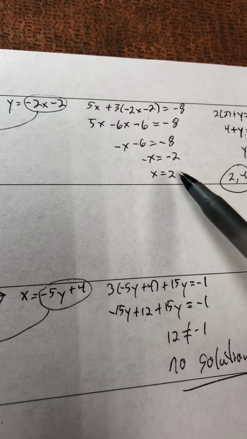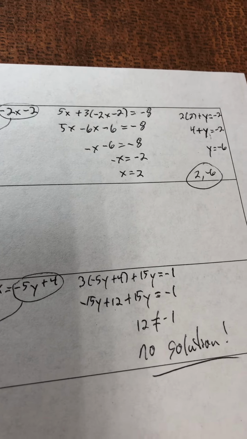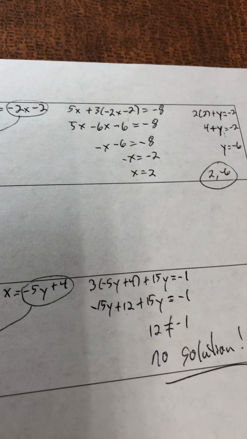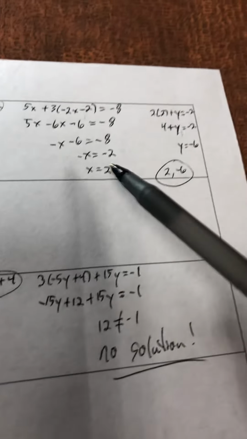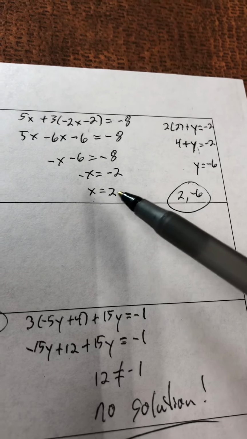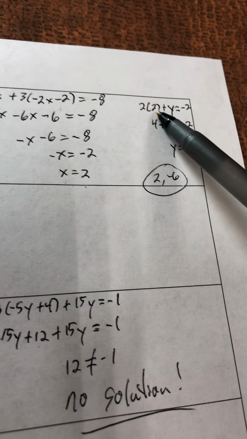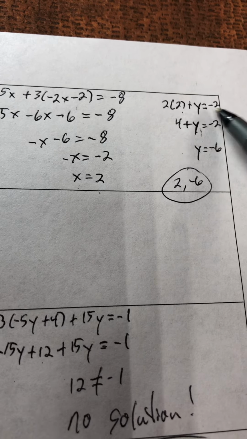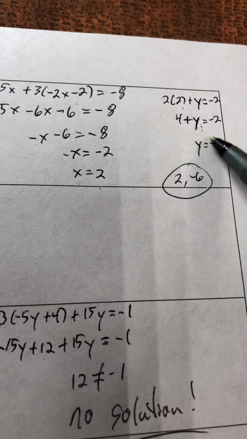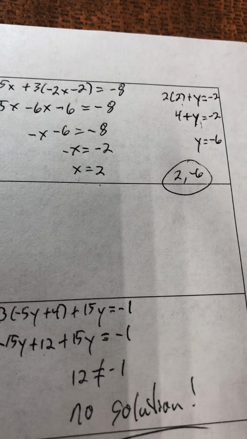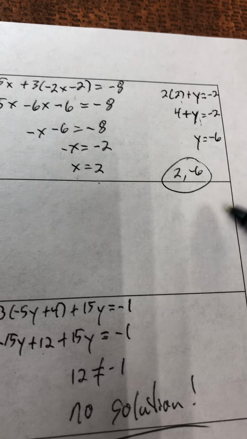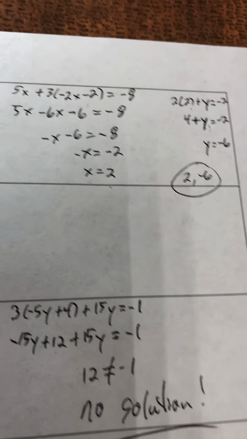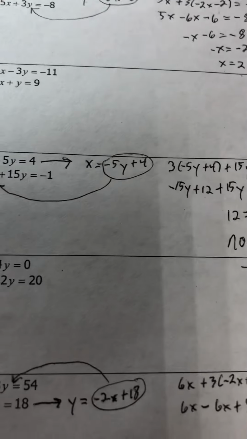I want to know positive, so I divide both sides by -1, and I get x equals 2. Now I know what x equals. I plug that 2 in for the x value, and I end up getting y equaling -6. So 2, -6 would be your answer.